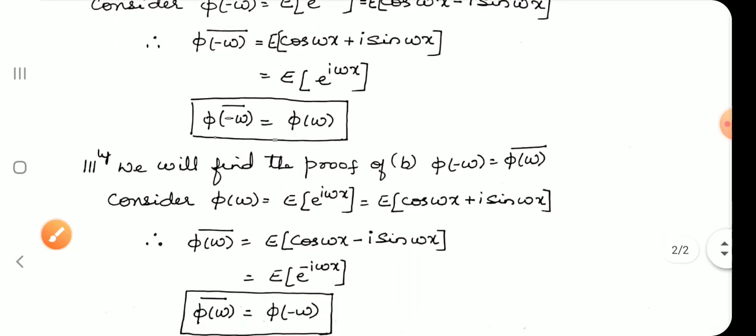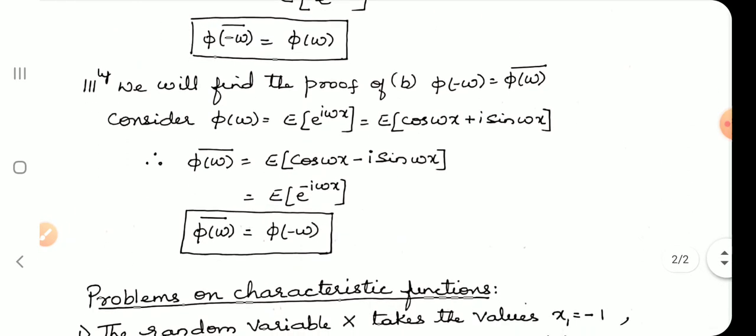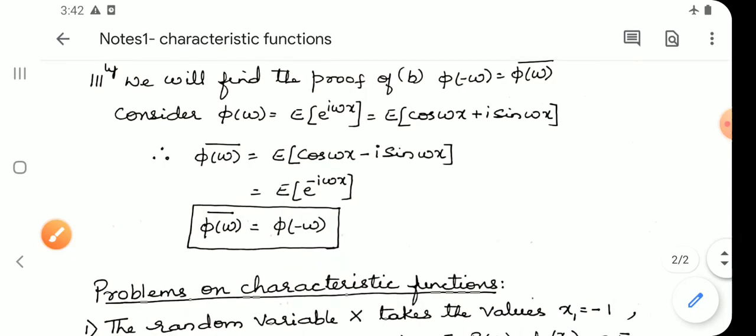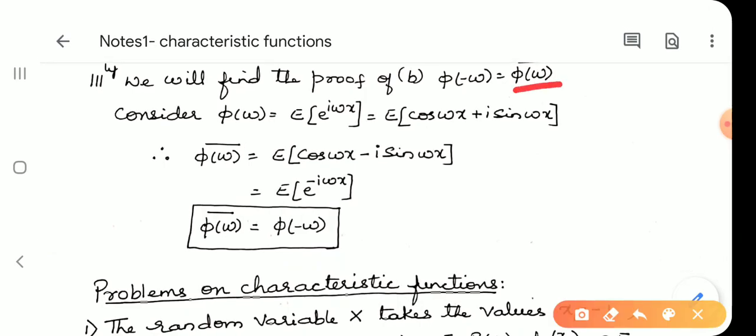Let us now find the proof of the second, that is, phi of minus omega is equal to phi of omega bar. As we have done in the previous problem, here we will consider the phi of omega which is in the right hand side.